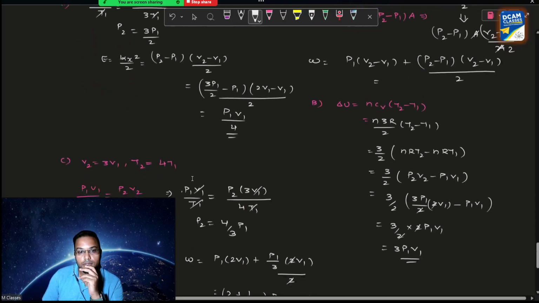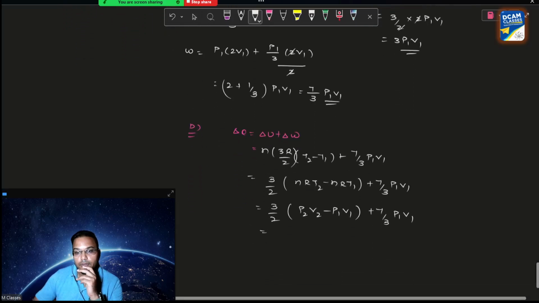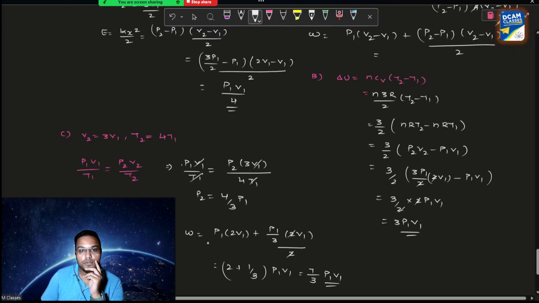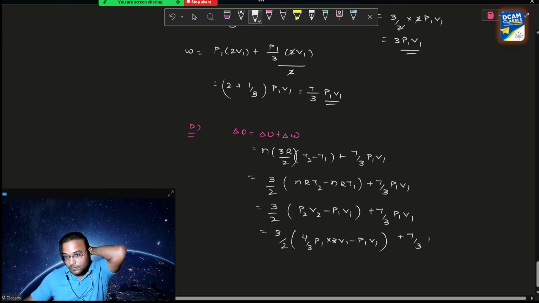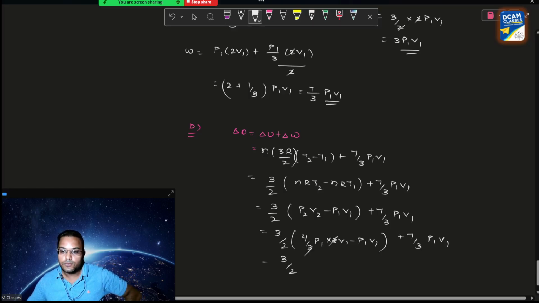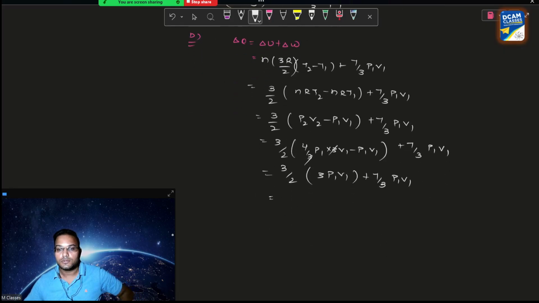P2 is 4 by 3 P1 and V2 is 3V1. The 3 will get cancelled, so 3 by 2 into (4 P1 V1 minus P1 V1) gives 9 P1 V1 by 2, plus 7 by 3 P1 V1.